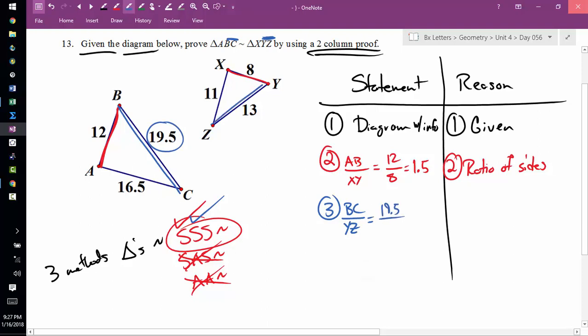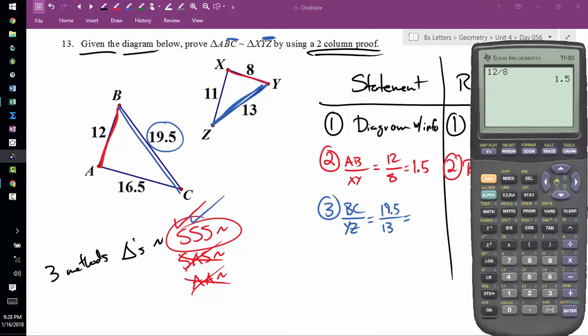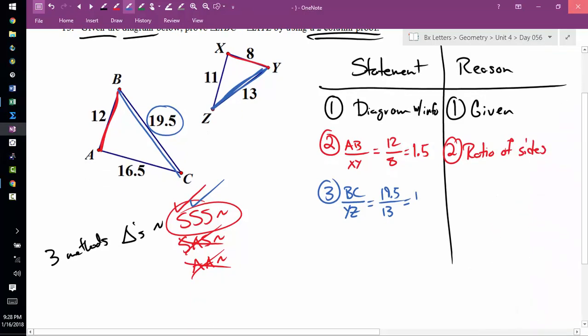Side YZ is 13. And I bet you, if I type that into the calculator, I'm going to get 1.5. If you don't, you can't prove it, or you did something wrong. If they ask you to prove it, it needs to be able to be proved. So if you're not getting equal ratios, you're doing something wrong. You're not comparing corresponding sides. So, yep, here I can say 1.5, and my reason is going to be ratio of sides.